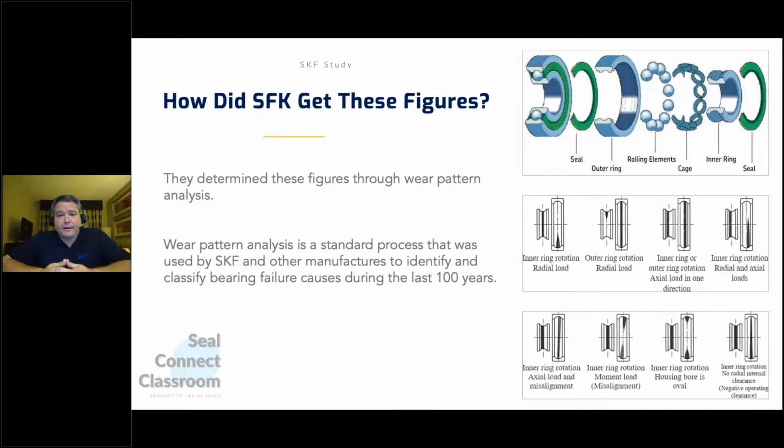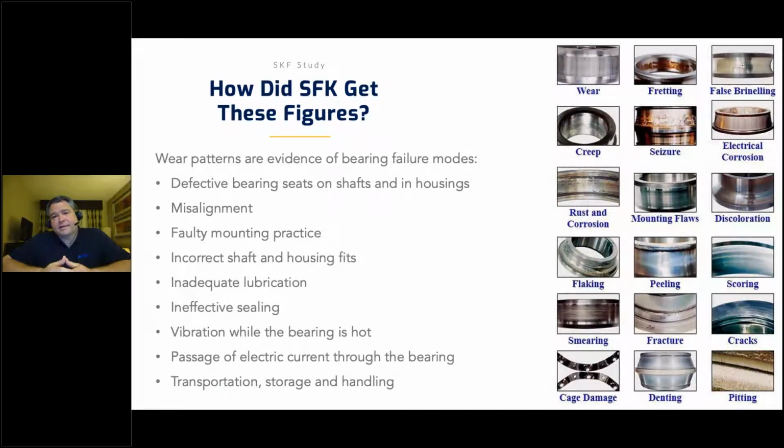So the next slide, I think most everyone's probably seen posters. There's an ISO standard that classifies how to evaluate bearing failures and how to look at wear patterns and determine the root cause, the failure mode.